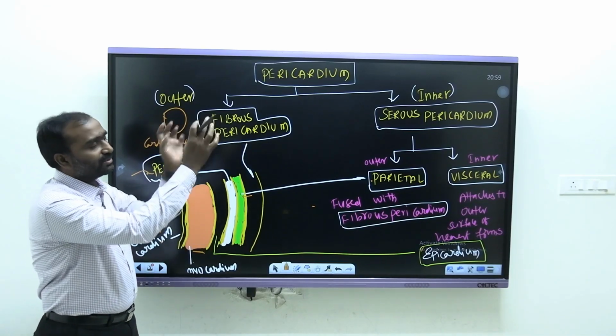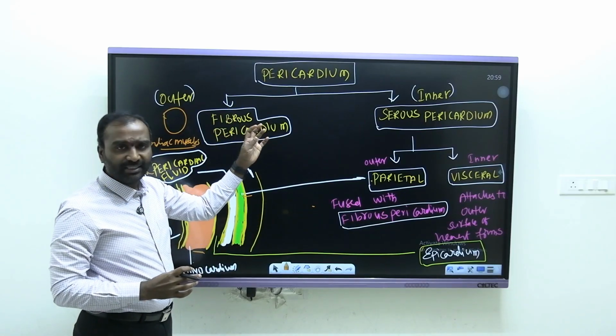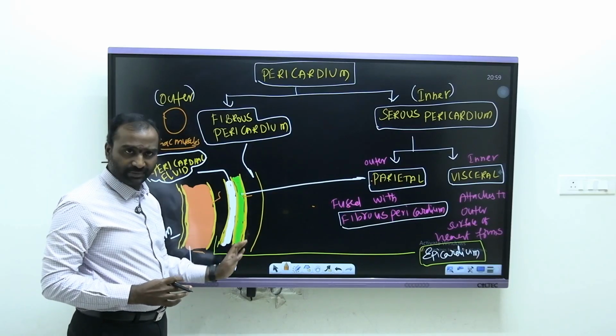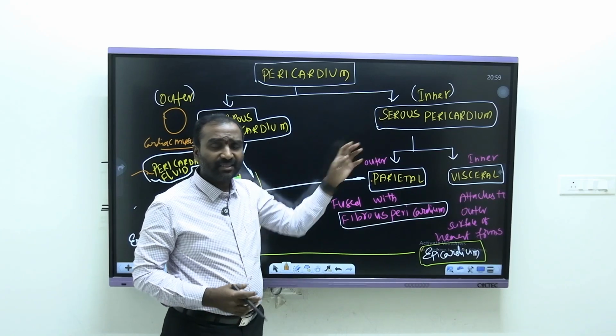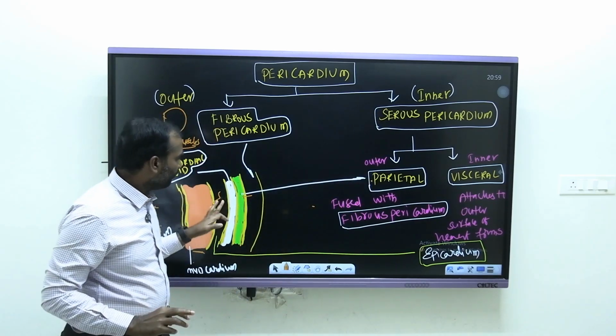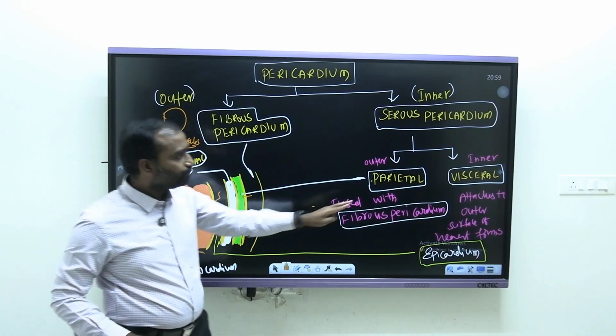So this is the set of pericardium, these are the layers. Then, just once again I am repeating, the outer one is what? Fibrous pericardium, and the next one, the inner one, is serous pericardium. Serous pericardium again will have two layers. One is parietal, which is fused with the fibrous. Then apart from that, the next one is what?